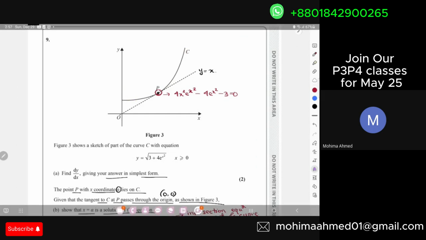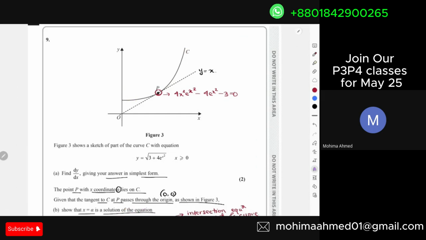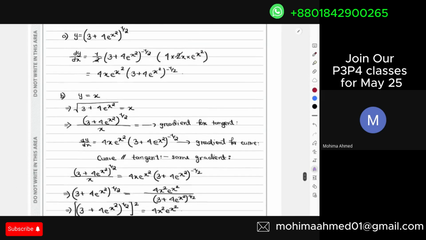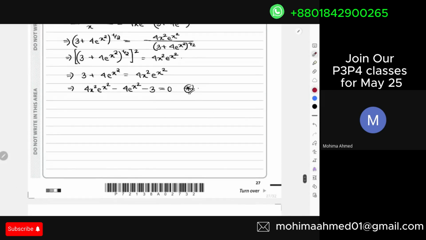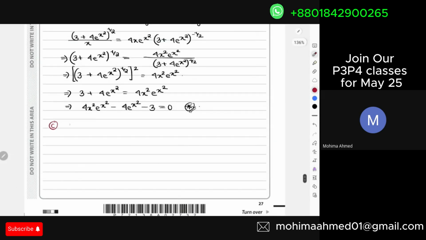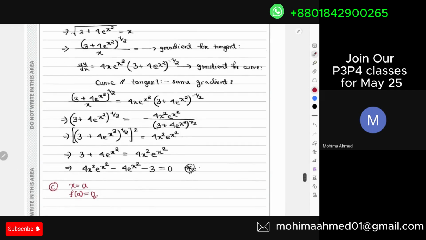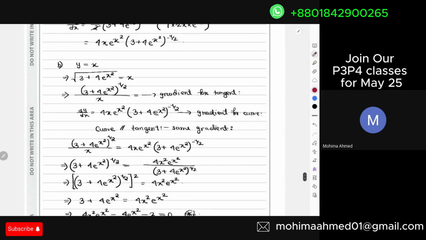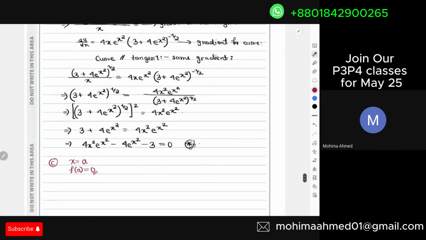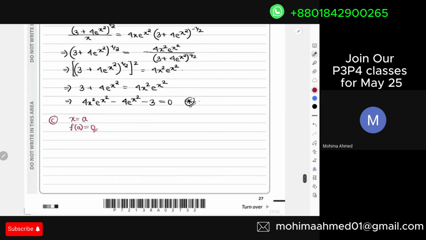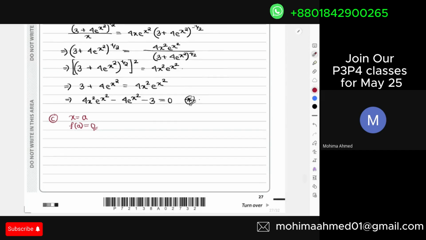So at x equals a, f of a was supposed to be 0, because we already used this idea; this is what gives you the value of your gradient at point P. But the problem is, does it actually become 0 within the range of 1 and 2? We have to find out.